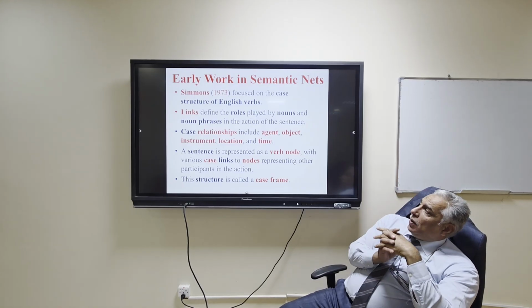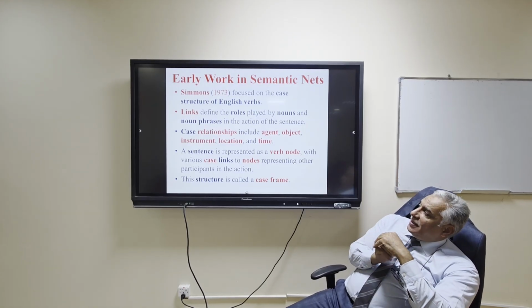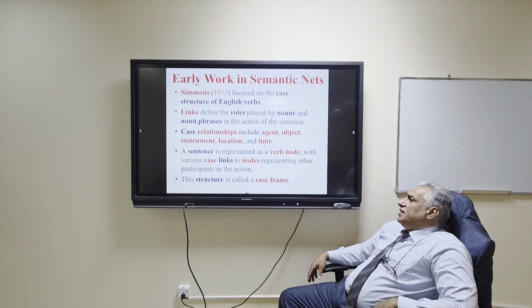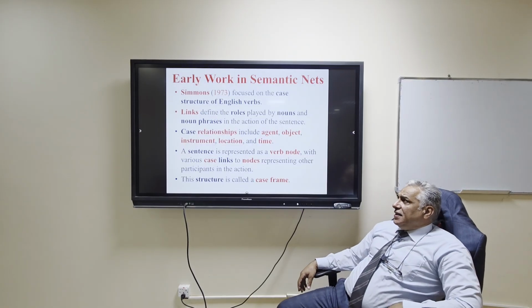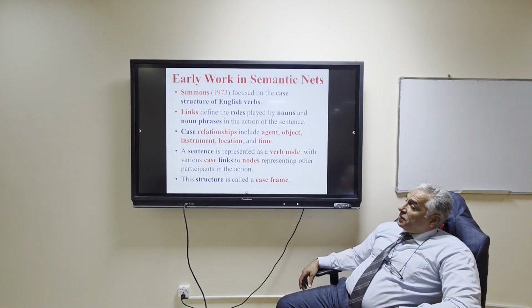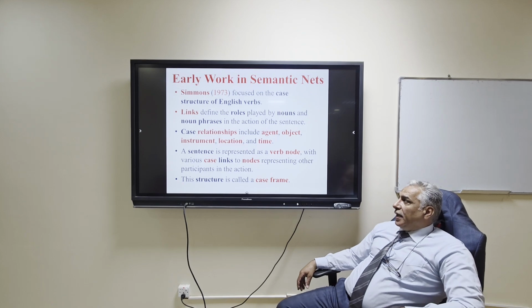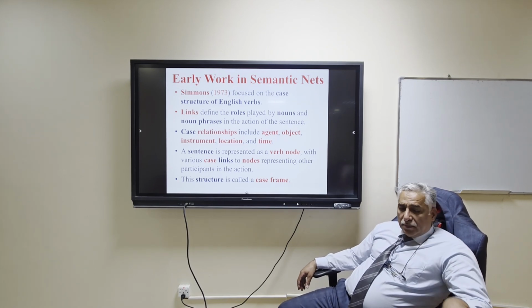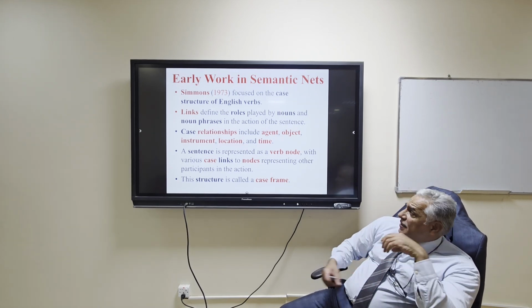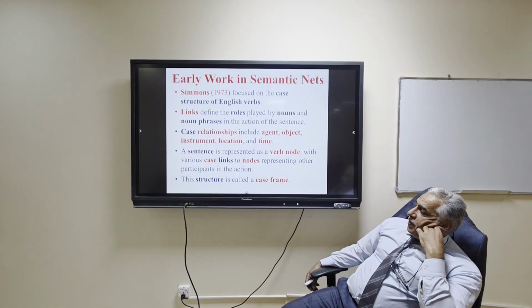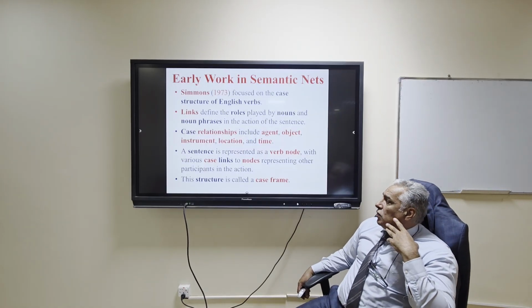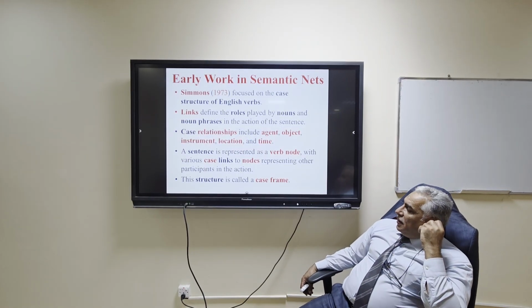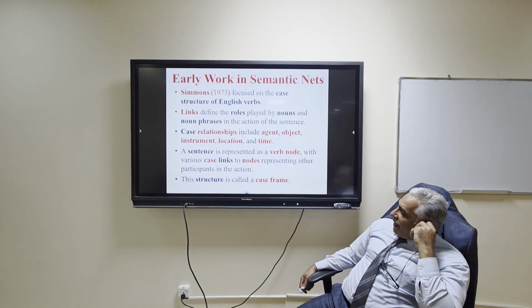Links define the roles played by the nouns and noun phrases in the actions of the sentence. Case relationships include agent, object, instrument, location, and time. A sentence is represented as a verb node with various case links to nodes representing other participants in the action. This structure is called a case frame.